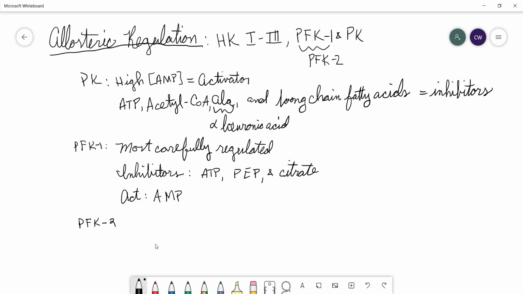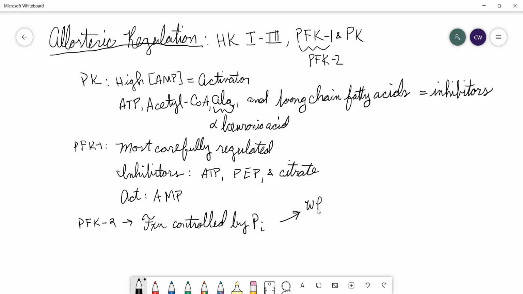PFK2 is a bit of a strange one. Its function is controlled by the presence or absence of a phosphate group.